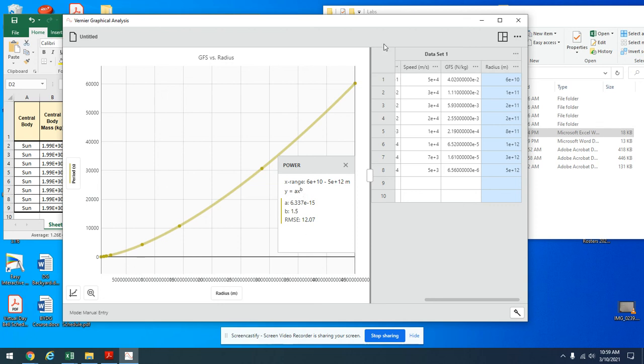And if you wanted to see a straight line relationship, you could graph period squared versus radius cubed. And you might see that in some free response question someday, where if you just want to get a straight line and find the slope of that to figure out what your constant is, then period squared versus radius cubed would be the way to do that.